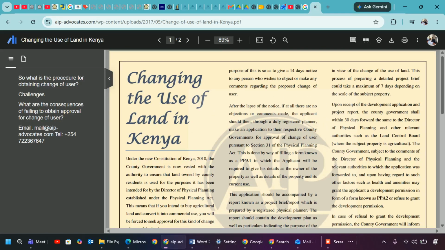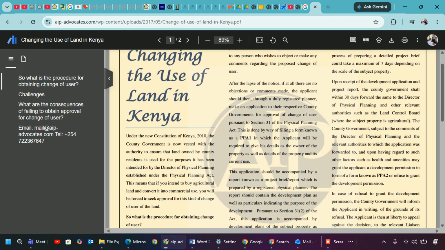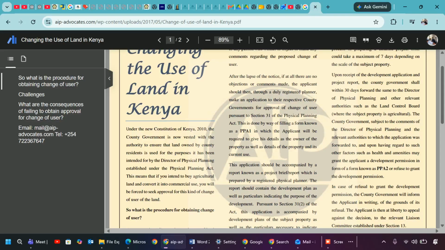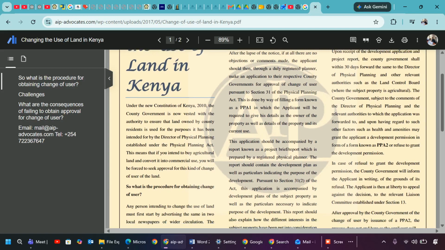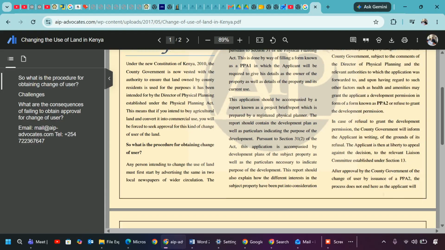Upon receipt of the development application and project report, the county government shall within 30 days forward the same to the Director of Physical Planning and other relevant authorities, such as the Land Control Board, where the subject property is agricultural. The county government, subject to the comments of the Director of Physical Planning and the relevant authorities to which the application was forwarded, and upon having regard to such other factors such as health and amenities, may grant the applicant a development permission in form of a form known as PPA2 or refuse to grant the development permission.